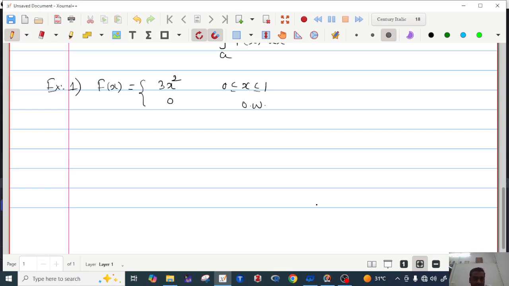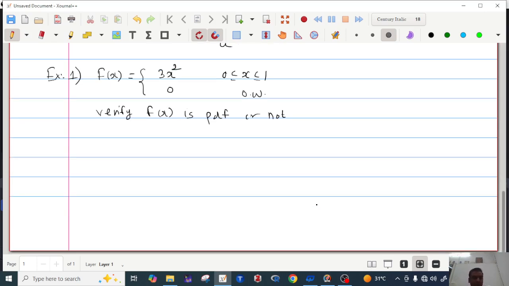Suppose this function f(x) is given, and we are asked to verify whether this function is a PDF or not. So how will we verify it?